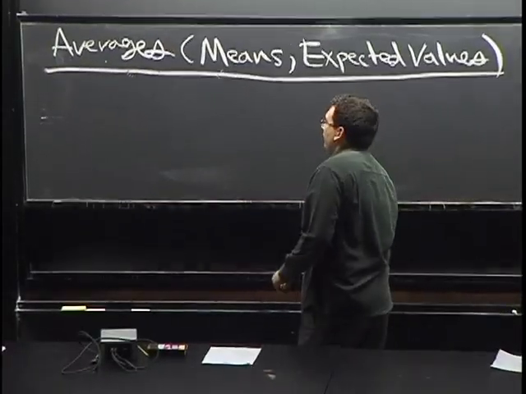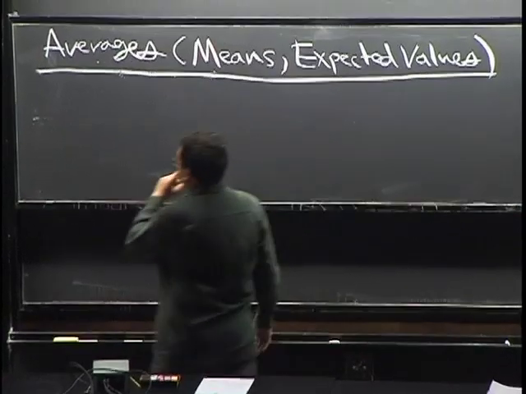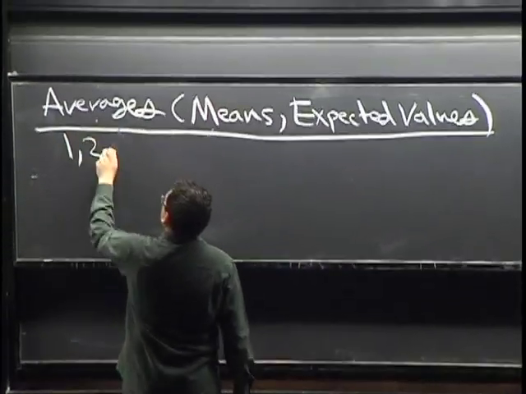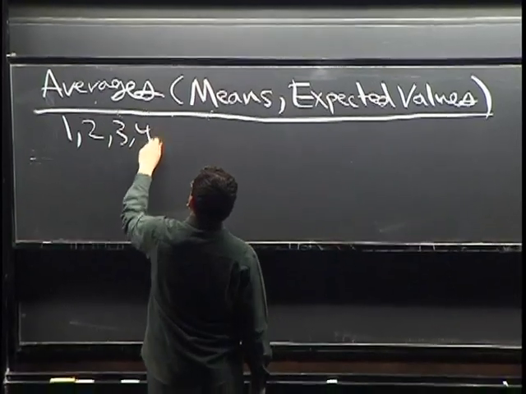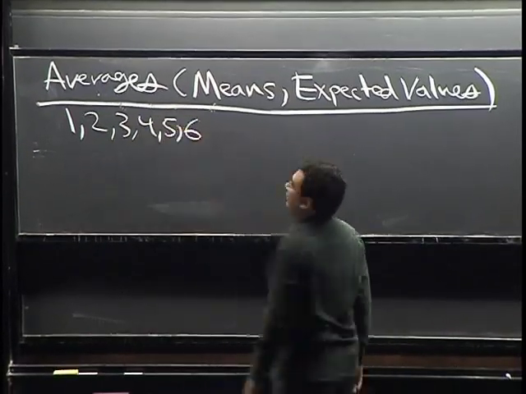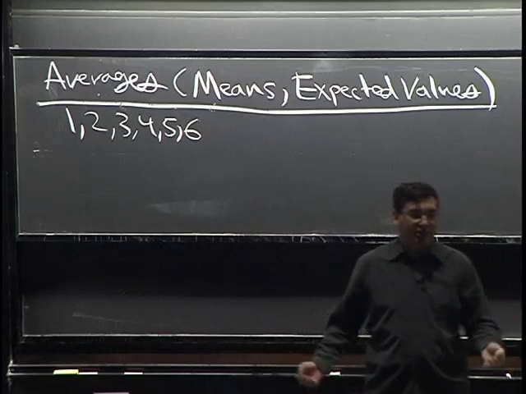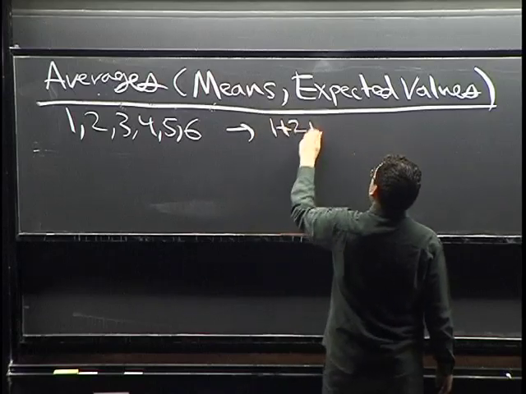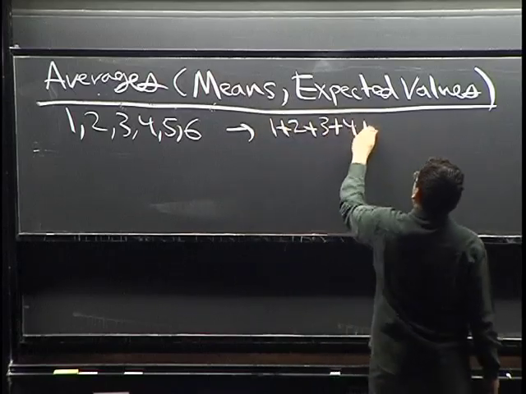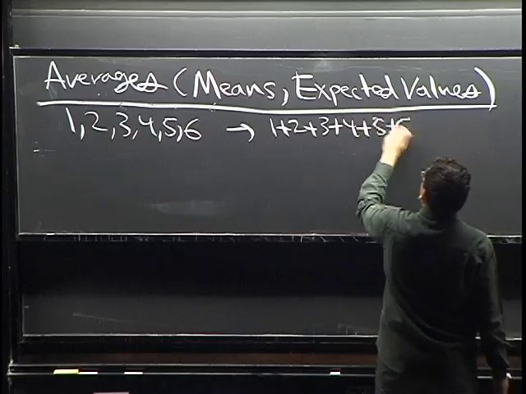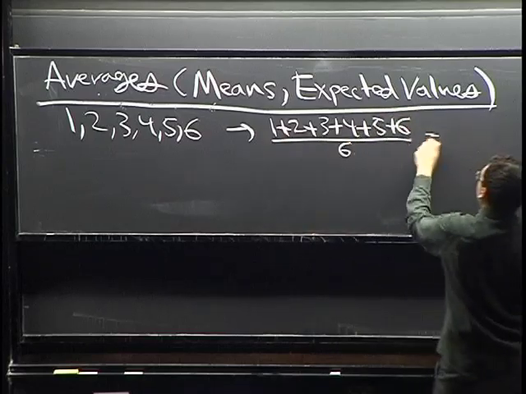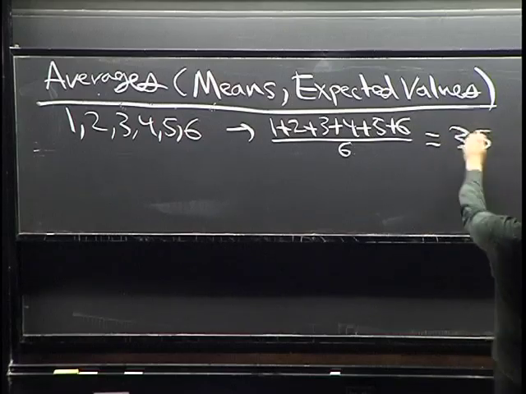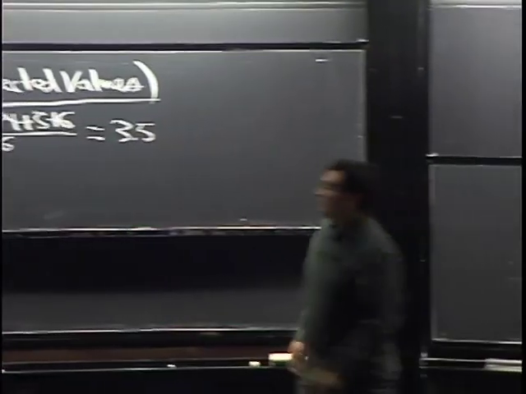Okay, so to start with something very simple, if we just had the numbers 1, 2, 3, 4, 5, 6, and we want to average them, then we're just going to add them up: 1 plus 2 plus 3 plus 4 plus 5 plus 6, divided by 6, equals 3.5. Okay?